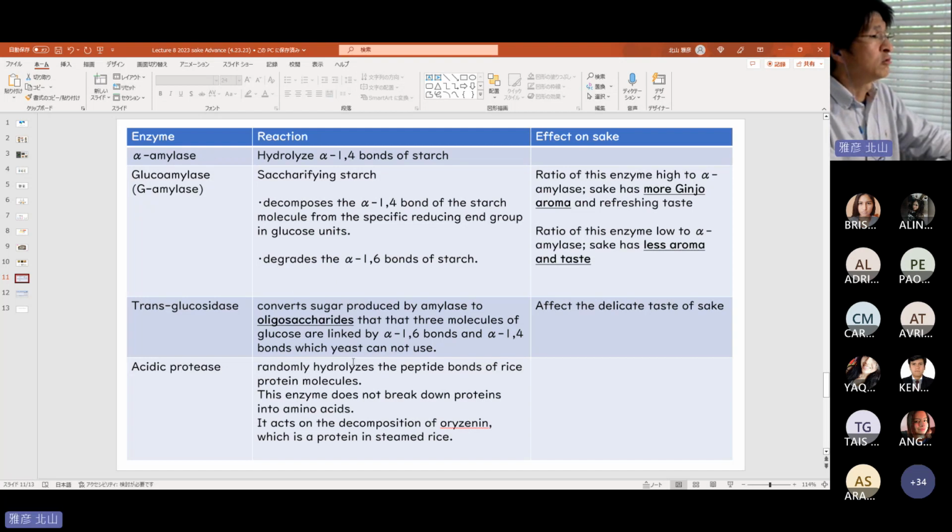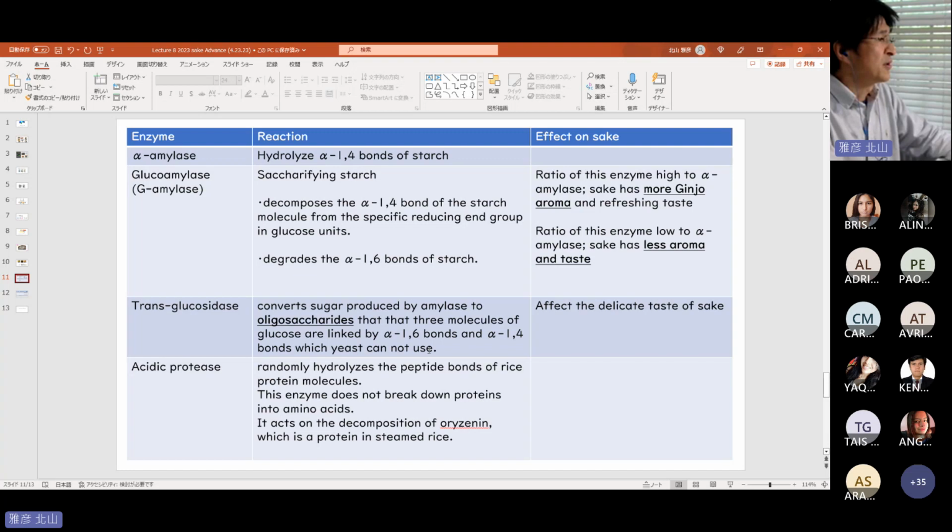So people try to select the koji fungi depending on what type of sake they want to make. This is another glucosidase, but it is not very important. This enzyme converts sugar. 3 molecules of glucose will be linked by this bond, and it will make oligosaccharide.